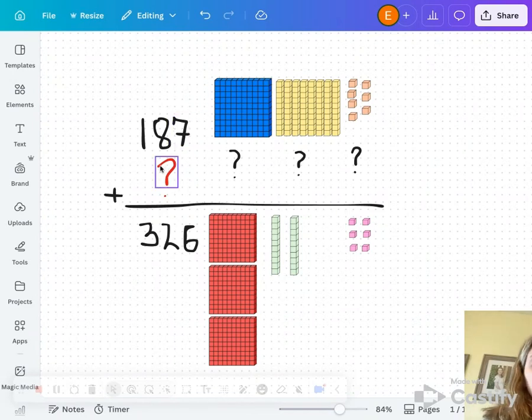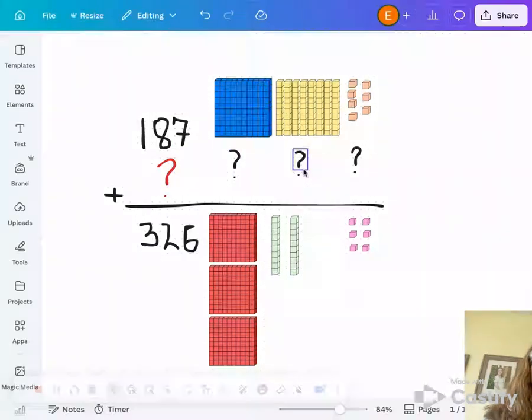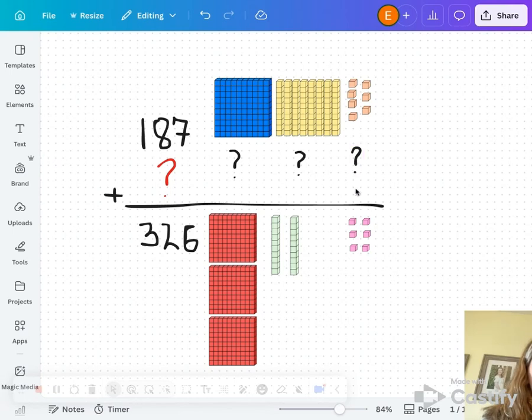And then we don't know what is added to each place value, but we do know that in the end there is going to be 6 ones in the ones place, and 2 tens in the tens place. So there's 20 represented there. And then in the 100s place, we have 300 represented by 3 groups of 10 tens.